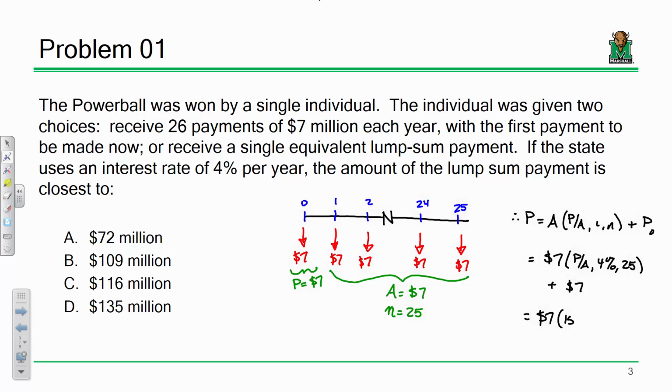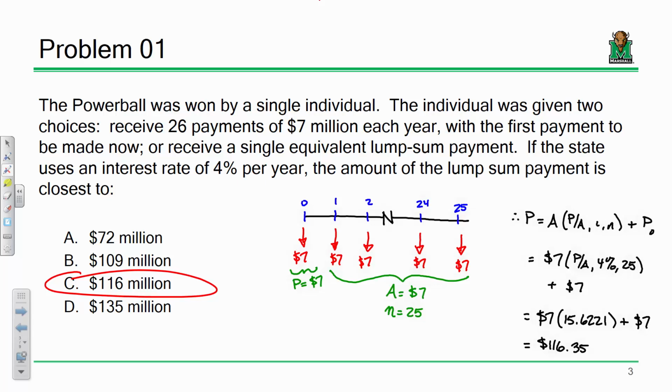That's 15.6221 plus 7 million. So what do we got? Say it again. 116 point what? I left all the millions off because I don't feel like writing all those zeros.